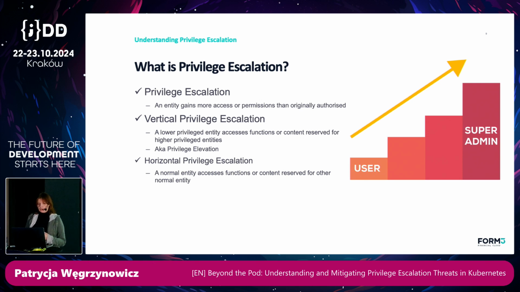So we can talk about vertical privilege escalation, which is also called privilege elevation, when a lower privileged user accesses some resources, content, or performs functions on behalf of a higher privileged user like super admin, root, or something like that. We also have horizontal privilege escalation when we gain access to content or functions of another normal entity.